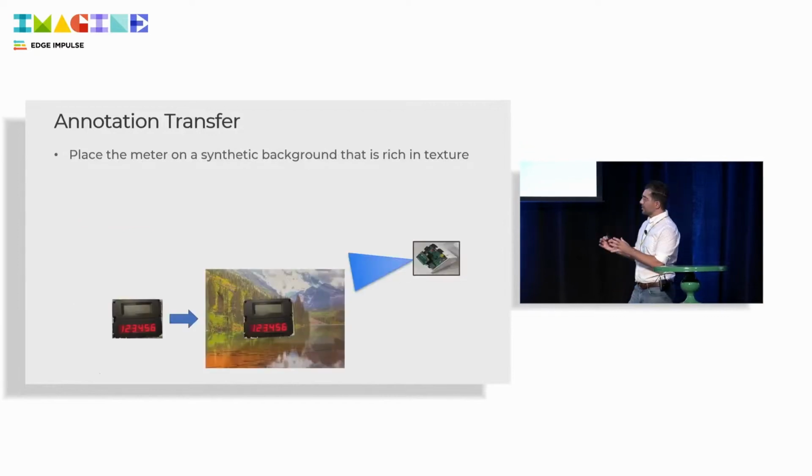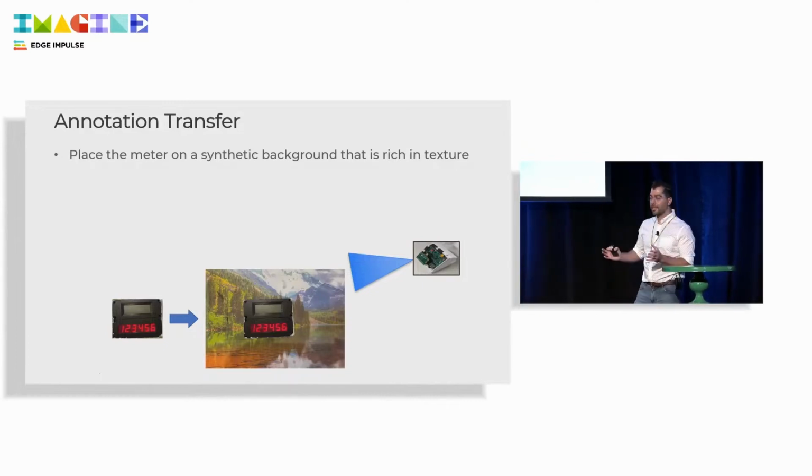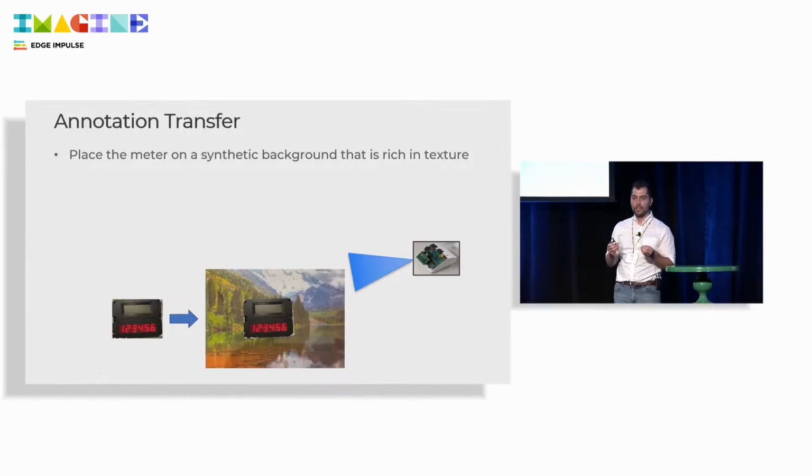So initially, you take the meter physically, and you place it on a synthetic background that's rich in texture. The reason you want a background that's rich in texture is that later we'll be detecting what's called interest points or feature points, if you're familiar with classical computer vision. We picked this nice picture, but you can basically design any background that you like.